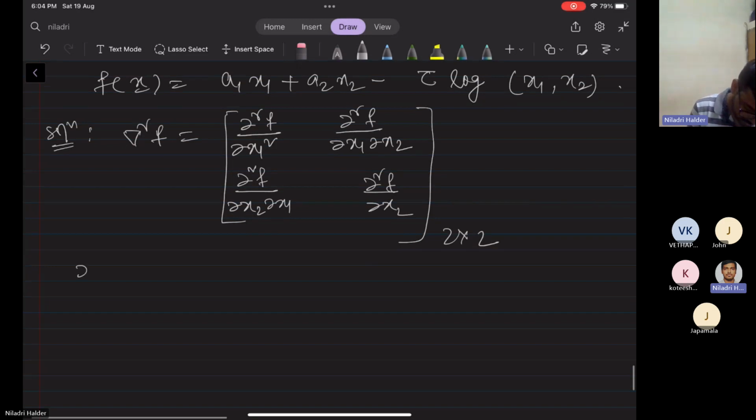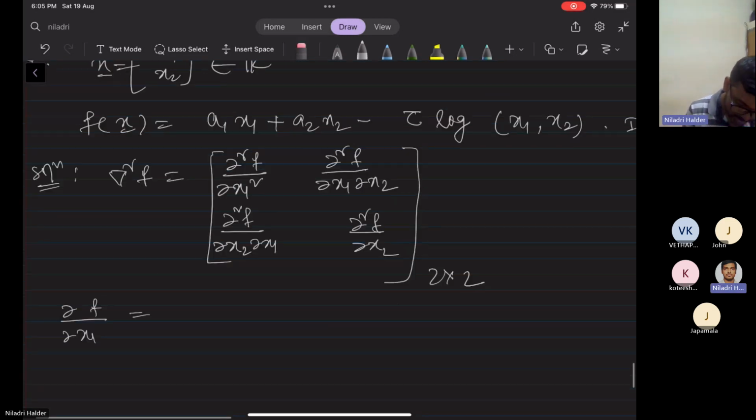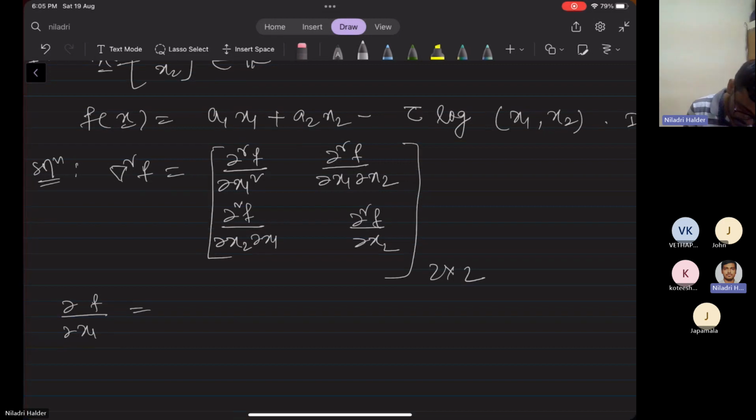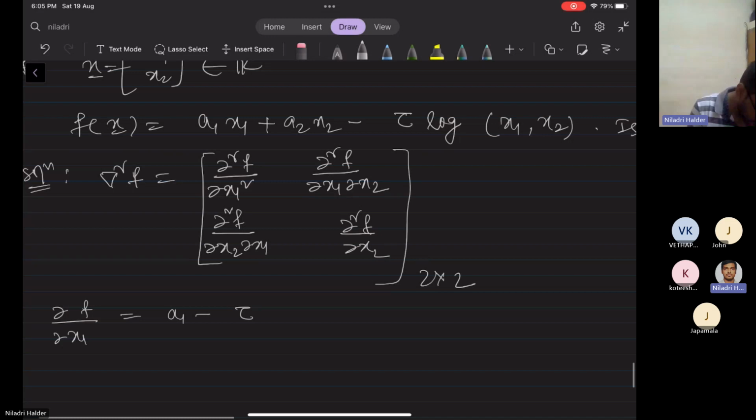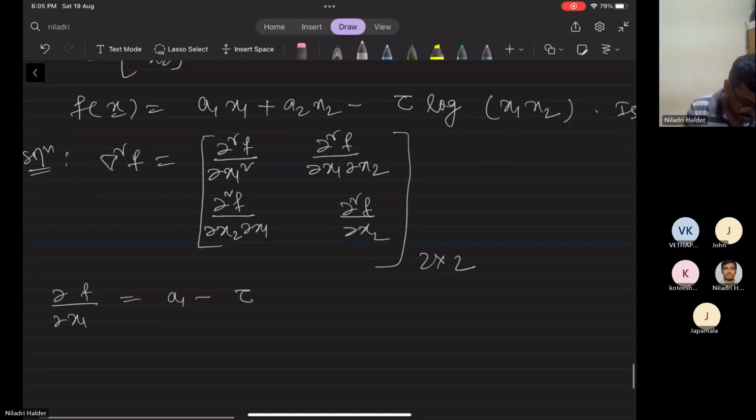So now let's do these things. First is the derivative with respect to x1 only. So this is a1 minus tau log of x1 x2, where this is x1 and x2 multiplication, so minus tau divided by x1 x2 into x2.